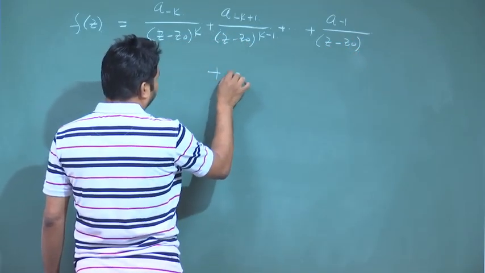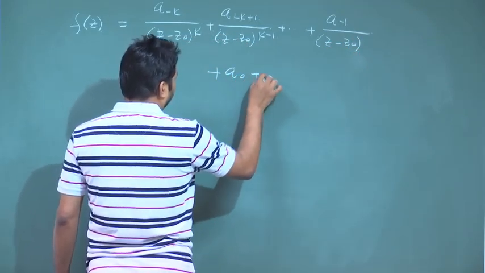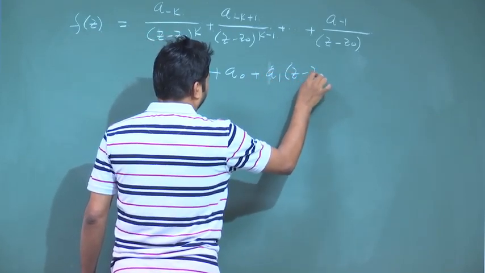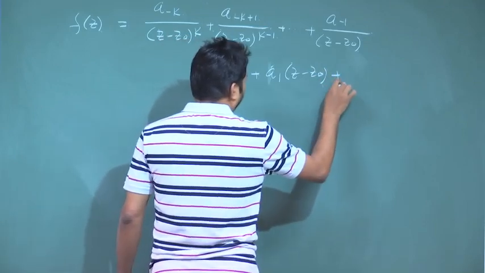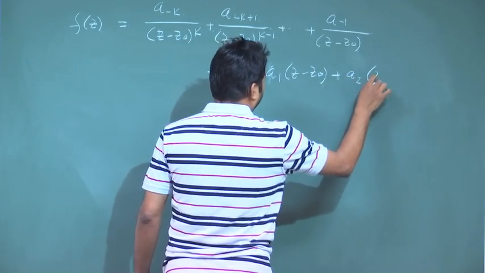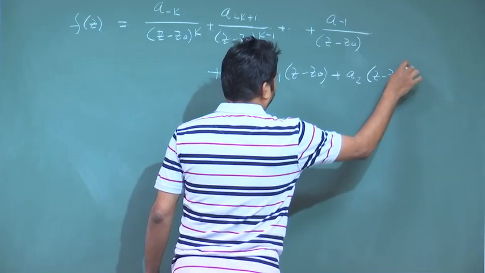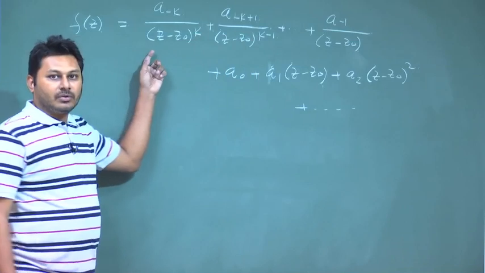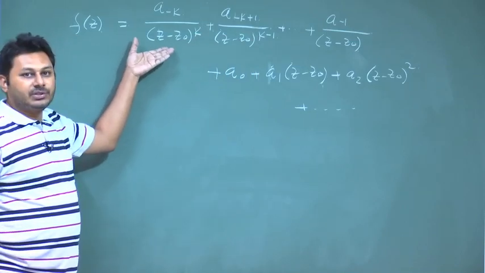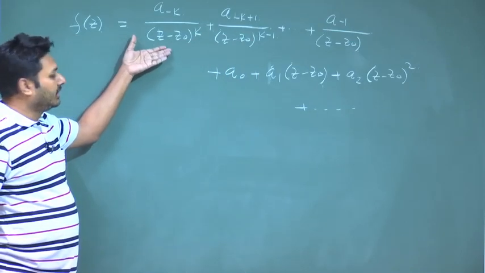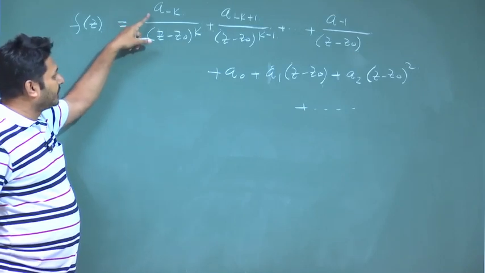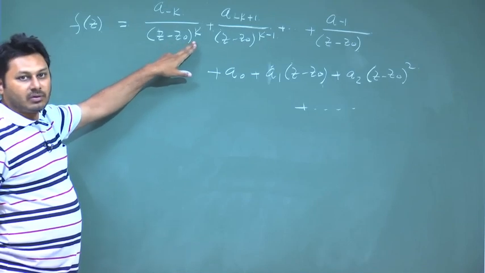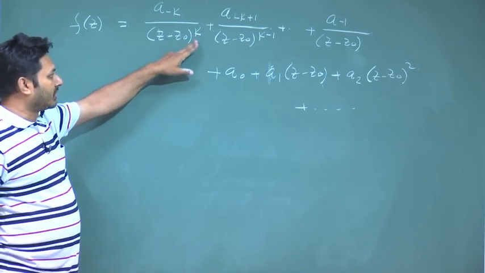This is the principal part, and the analytic part is a0 plus a1 (z minus z0) plus a2 (z minus z0) squared and so on. This expansion is valid when the function has a singularity at z equal to z0 and the pole is of order k.